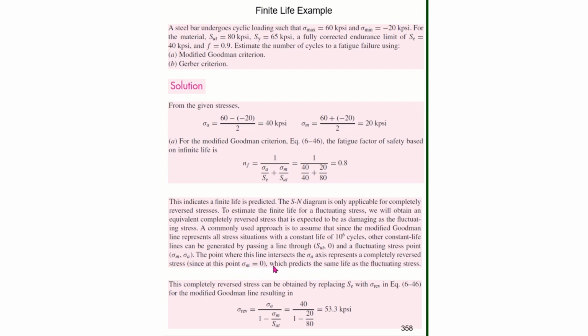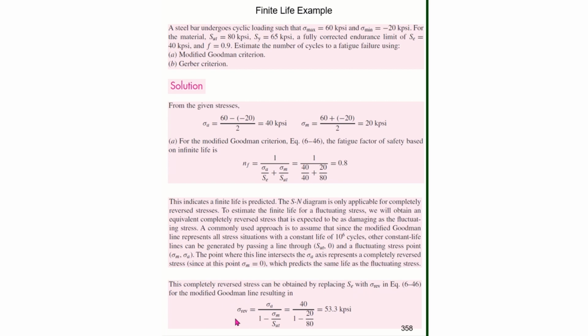So this sigma A predicts the same life as the fluctuating stress. So hopefully this makes sense to you. The completely reversed stress can be obtained by replacing the endurance limit SE with sigma rev in equation 6-46, which is the Goodman equation in this version of the text.